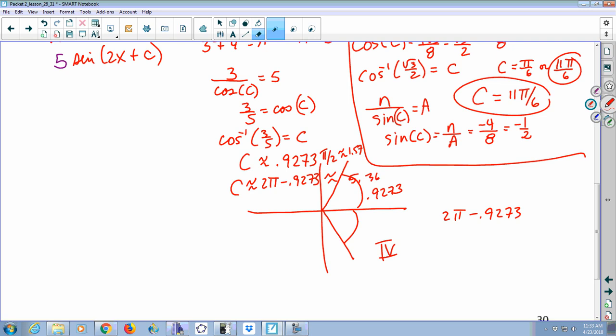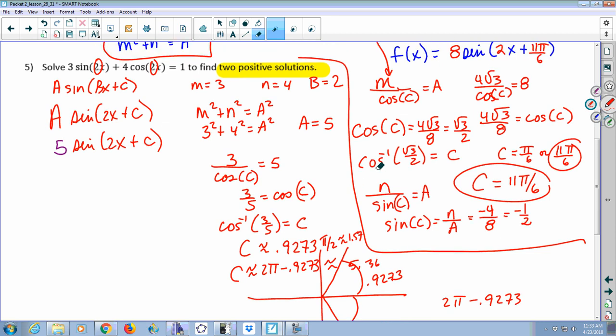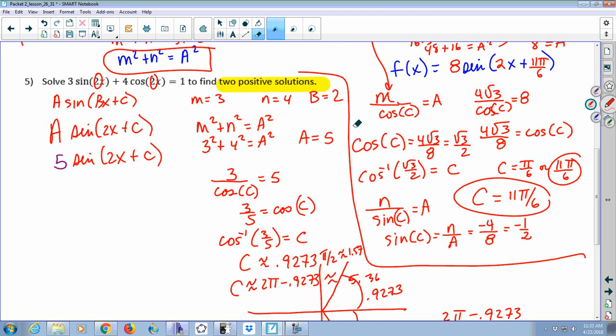Here are 2 possibilities for C. Well, that's where you have to go back and look at your sine of C. So sine of C is what? N over A is sine of C. N was 4, A was 5.